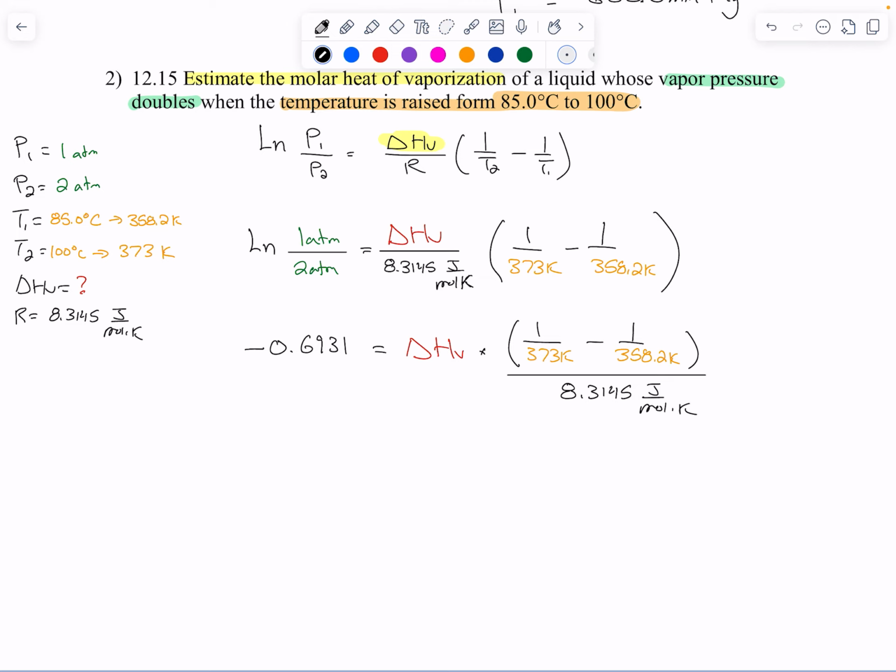I just moved the R over. And so now we can do this term.